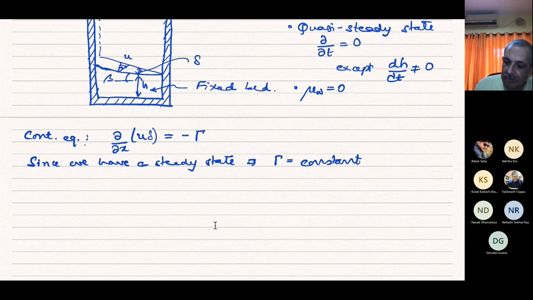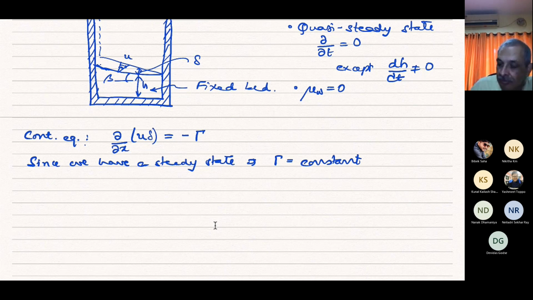And this is constant with respect to both time and x. And the reason is simple: if, let's say, gamma is varying with x, then the angle beta will change, and then the system will become time dependent. So since we are saying that everything is independent of time, we must have this to be an absolute constant.